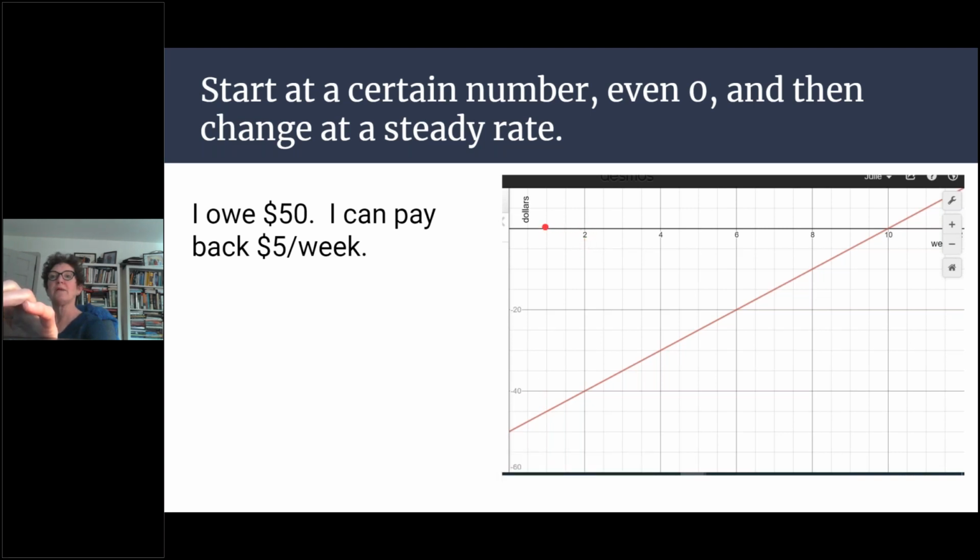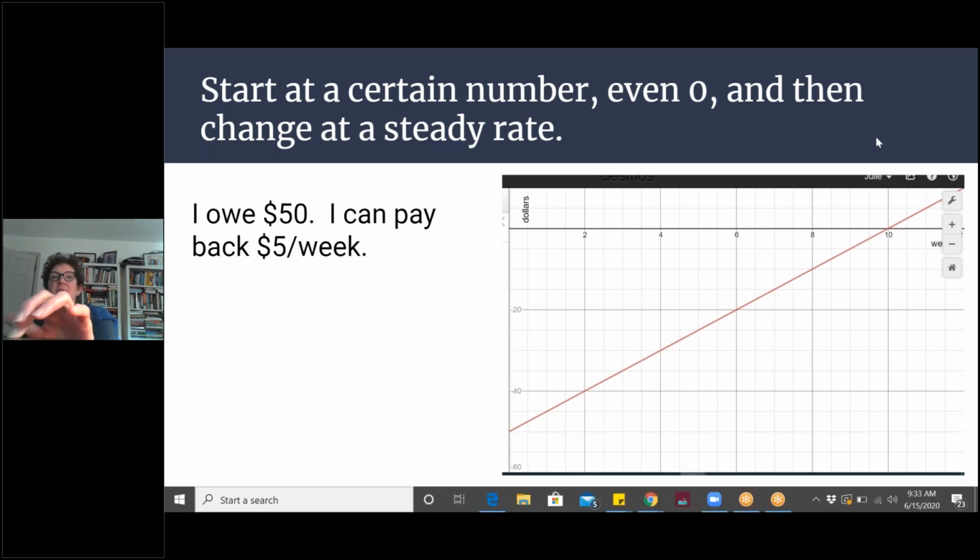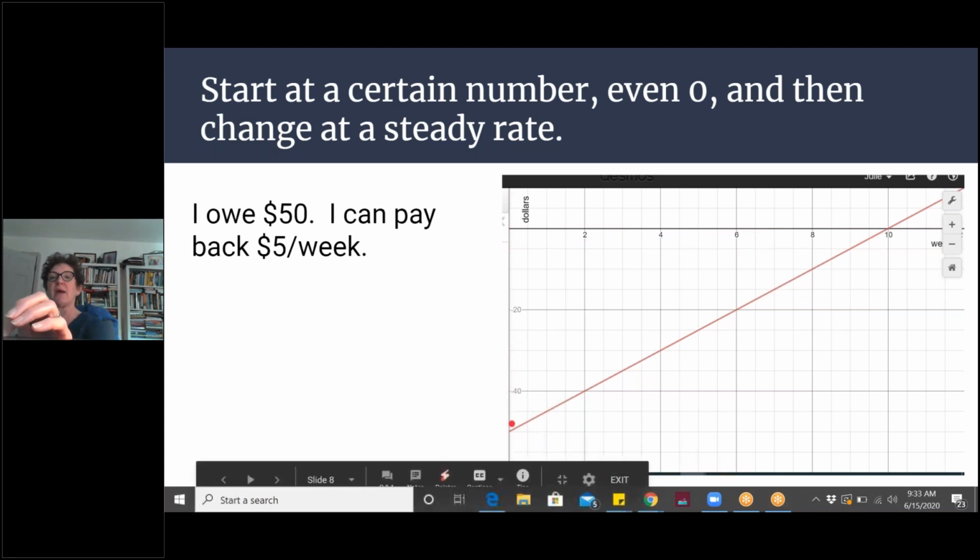So here's 1, that's 2, that's 3, and these are my weeks. They're my weeks over there. And this is my dollars on the y-axis. This is the x-axis. This is my y-axis.